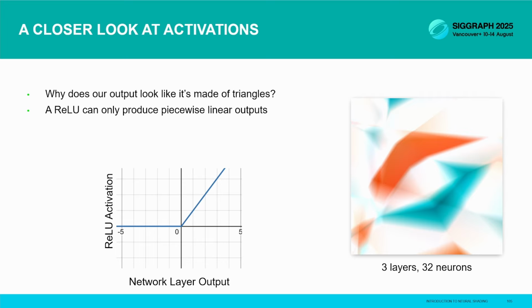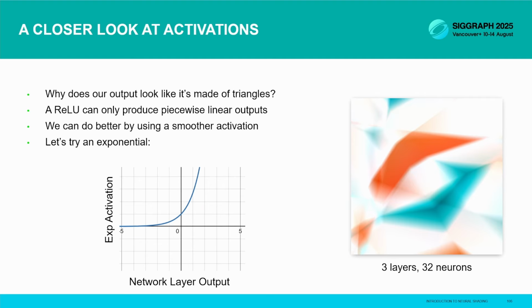If you use ReLU, then your network can only ever produce outputs that are piecewise linear. We can do a little bit better by using a smoother activation at the output. A nice thing to try is an exponential, because it's very nice and smooth, and it also happens to be leaky. Even when the input is negative, you still get gradients.